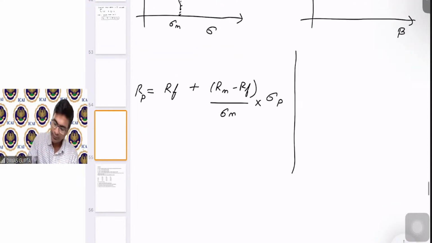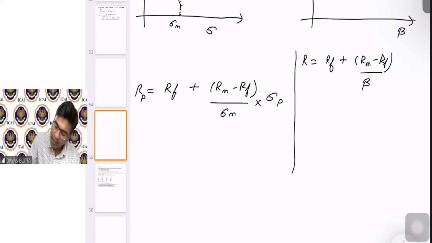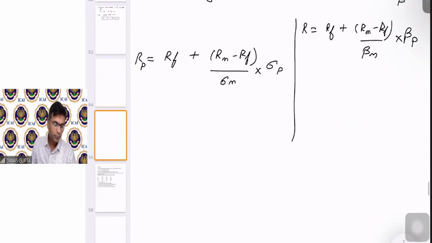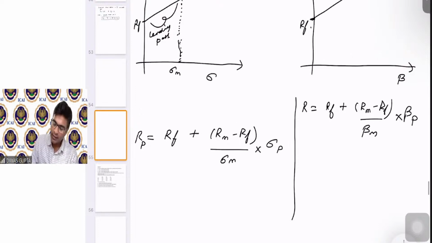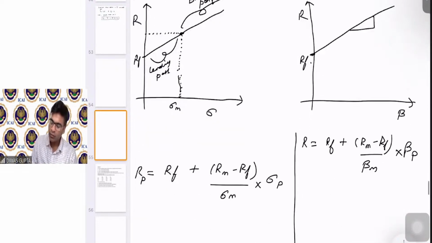For this, the return is RF plus (RM minus RF) upon beta of market, multiplied by beta of portfolio. So this equation is called the capital market line, and this equation is called the securities market line.